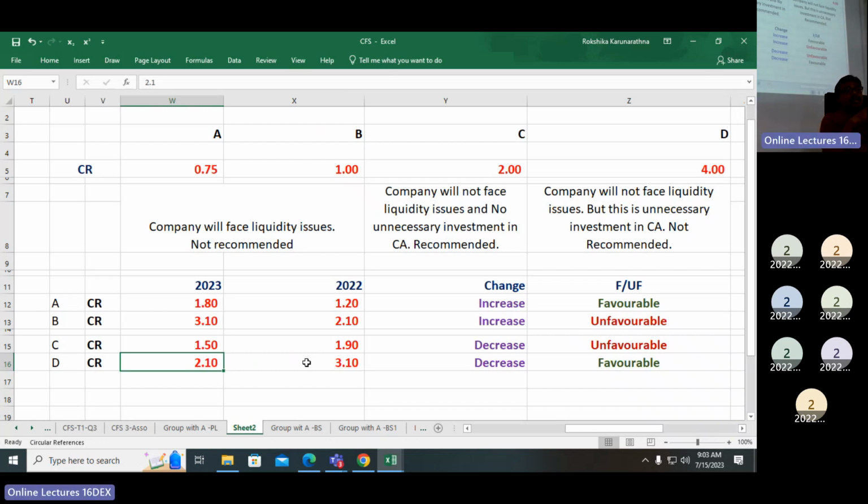In addition to that, current assets include some prepayments, advance prepayments, like next year's rent paid in advance this year. That actually will not be made available for liability settlement. You will not convert them into cash. Even though it's a current asset, you can't use a prepayment for liability settlement.